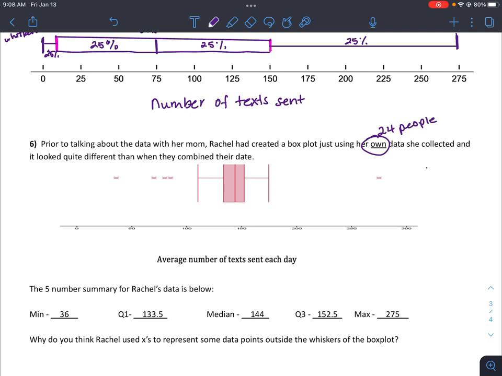Okay, so this is referred to as a modified box plot, because there are outliers.